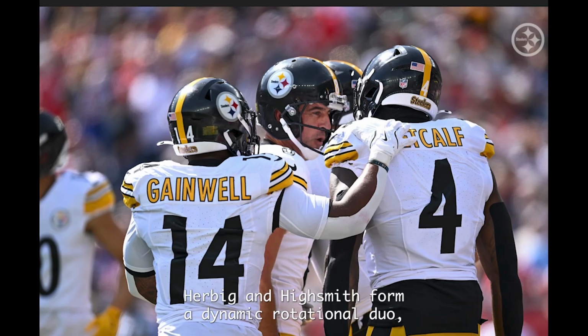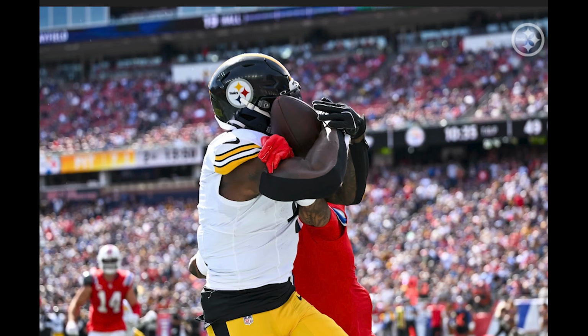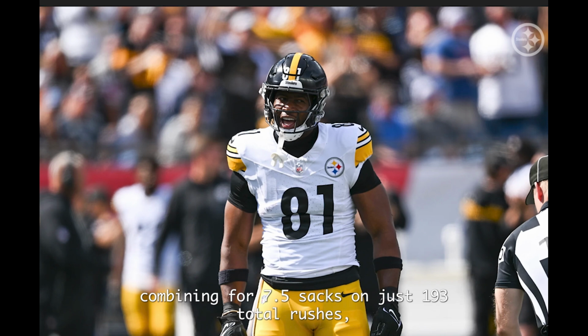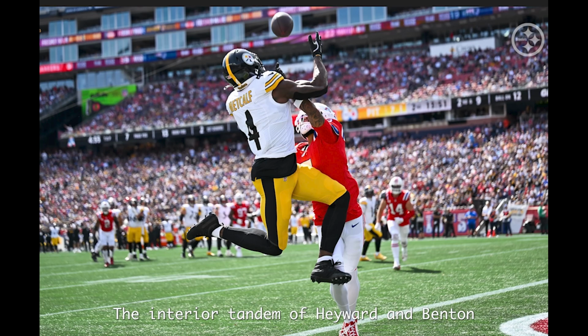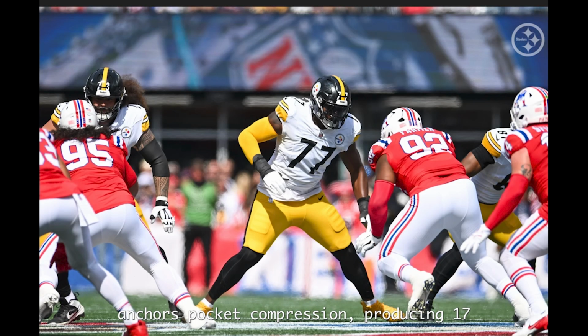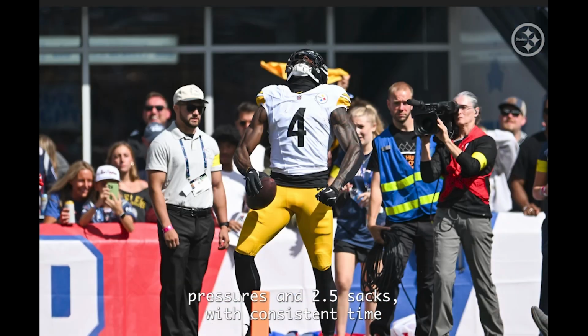Herbig and Highsmith form a dynamic rotational duo, combining for 7.5 sacks on just 193 total rushes, a 3.9% sack rate. The interior tandem of Hayward and Benton anchors pocket compression, producing 17 pressures and 2.5 sacks, with consistent time to pressure, about 2.9 seconds.